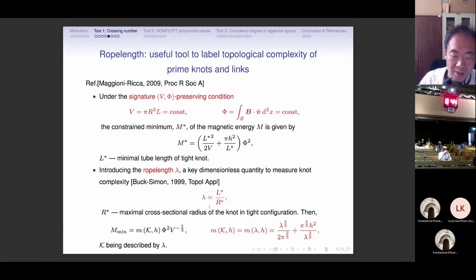So we take this to be the characteristic quantity. It is computed that m min could be expressed by lambda and h in this way. This term contains h, this term lambda, right?